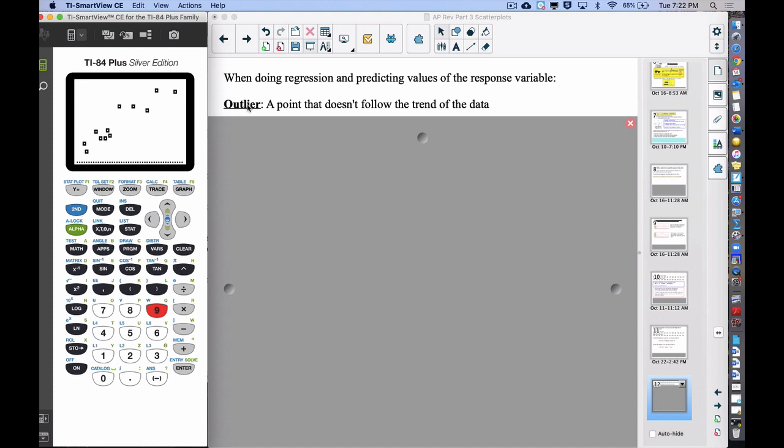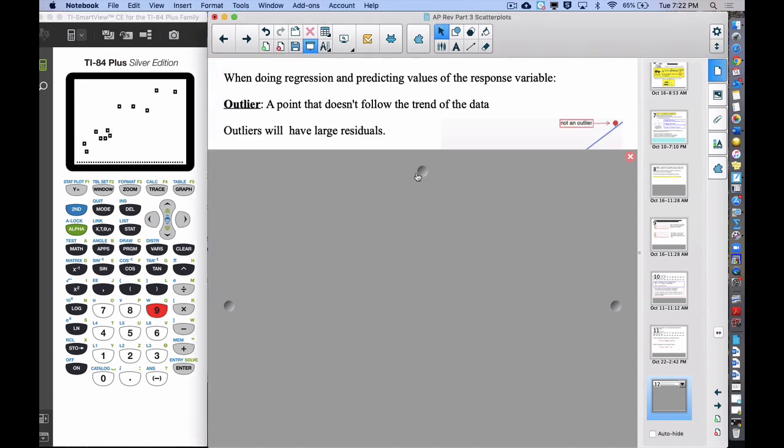Or if you want to literally pull this apart, it is a point that lies outside of the rest of the trend. So if where my cursor is over here on the graph, if I had a point there, that would be an outlier. It does not follow the trend of the rest of these if it's down here. If you're looking at a residual plot, outliers will have large residuals because here's where my point would be, but my line would be predicting it should be somewhere up here, and that distance between those would be pretty large.